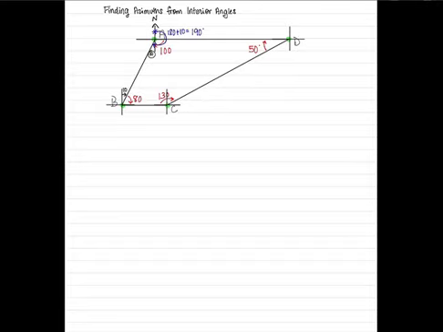For our next azimuth, we're going to start here, go this 10 degrees, and then go 80 degrees more to our next line. From north, our next azimuth will be 10 degrees plus the interior angle, which in this case is 80, which will give us an azimuth of 90 degrees.